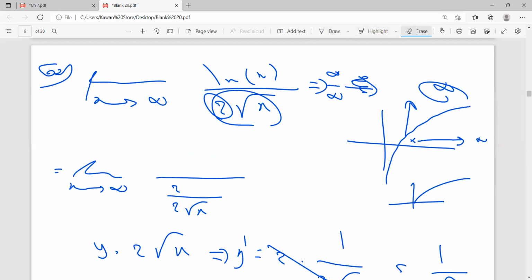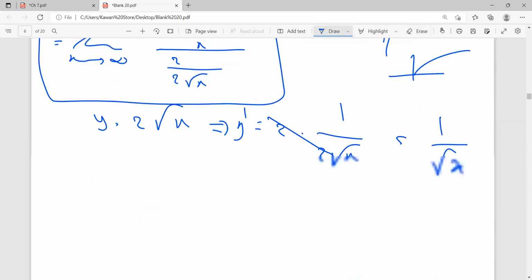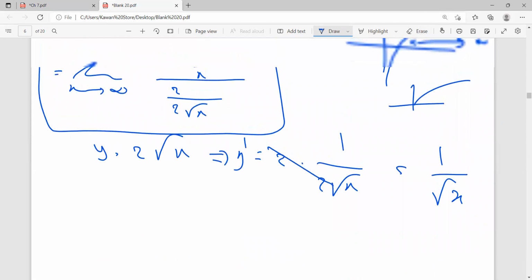How about the derivative of the numerator? 1 over x. You're right. 1 over x. Easy, because you got it. Then we have what? One over x. Okay. No, I'm going to write it like that.